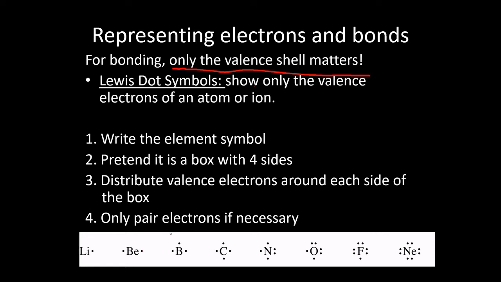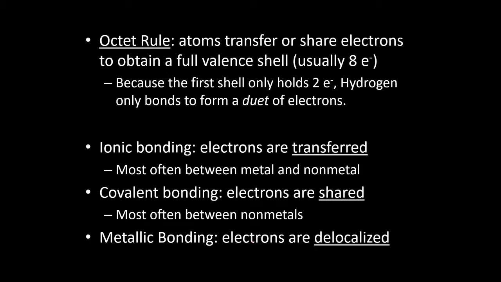It doesn't actually have to be that way. If you did Be with two dots next to each other, I would count that as being correct as well. But it does kind of look better if it's on the opposite side instead of being right next to it. But regardless, you fill in the 4 sides first, and then you pair them up if you need to when you're considering your valence electrons here.